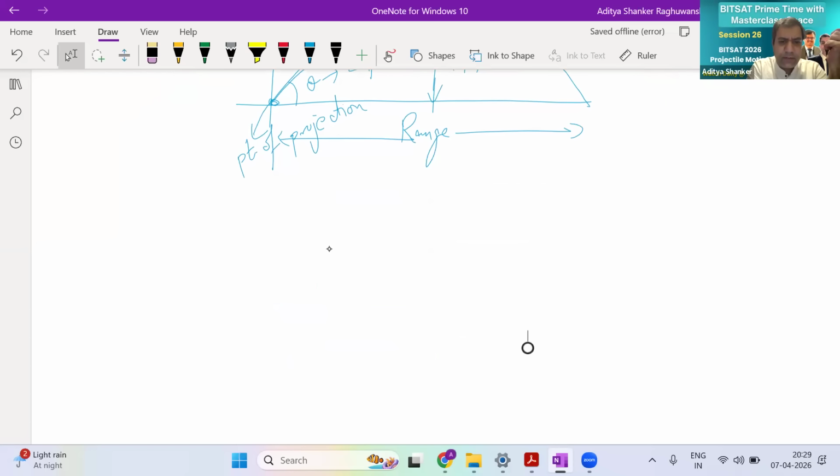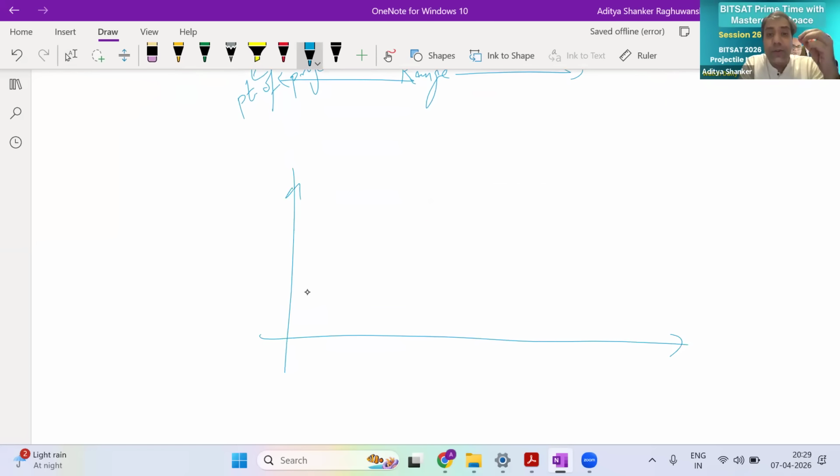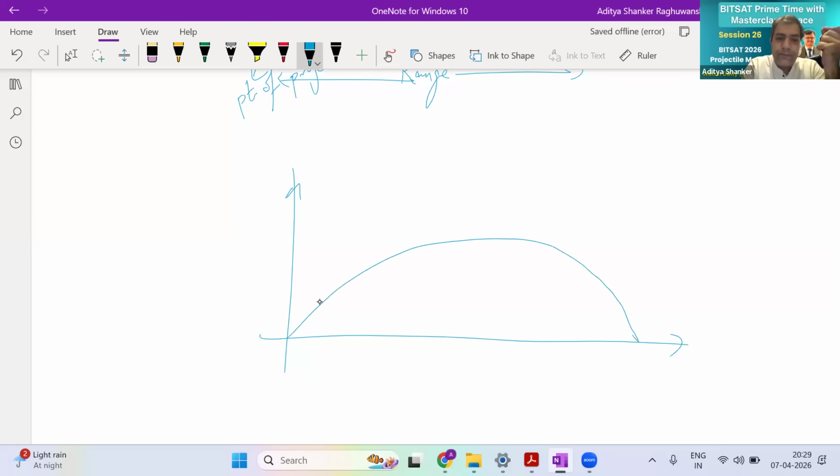Now let's understand, my dear friends, a few small concepts. If you are projecting this ball with some initial speed, or I should say velocity because it has direction also, now we are talking about direction. With initial velocity u, you are projecting this ball making an angle theta, right?